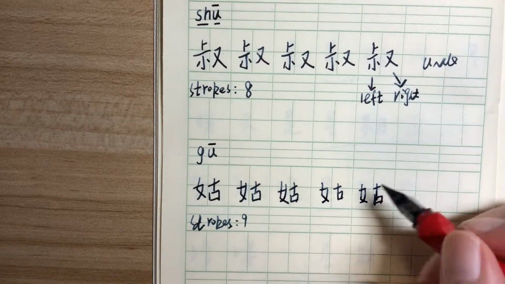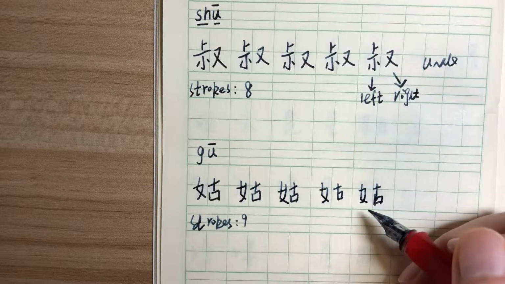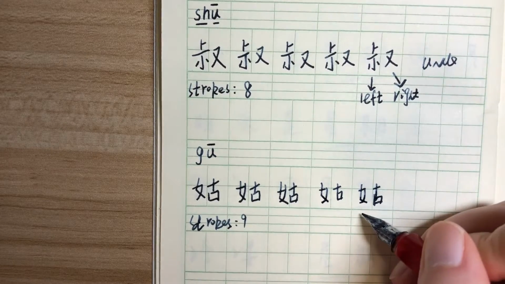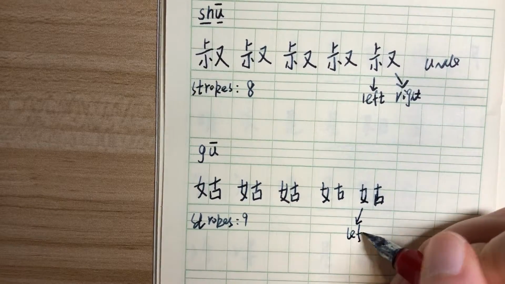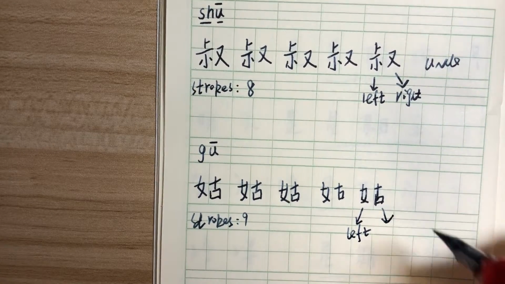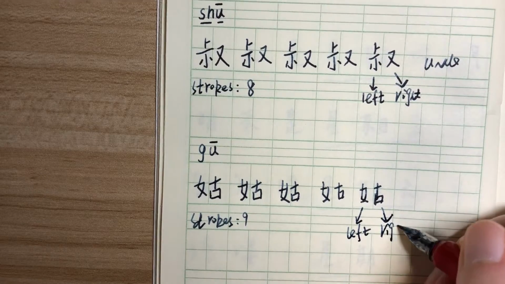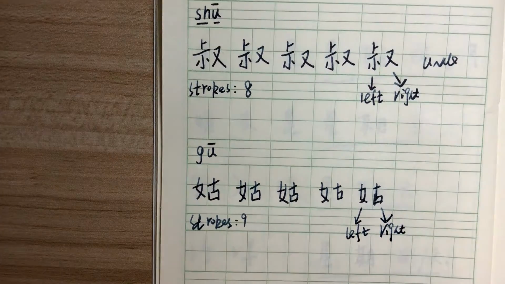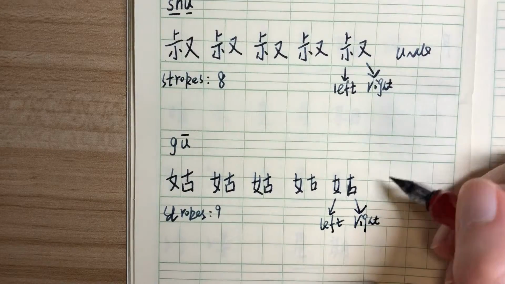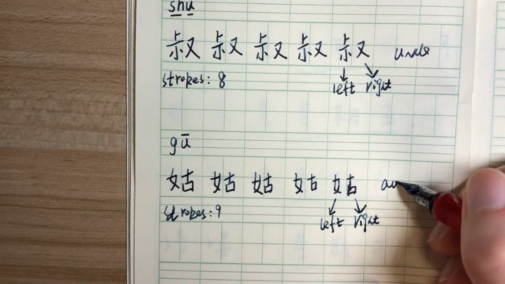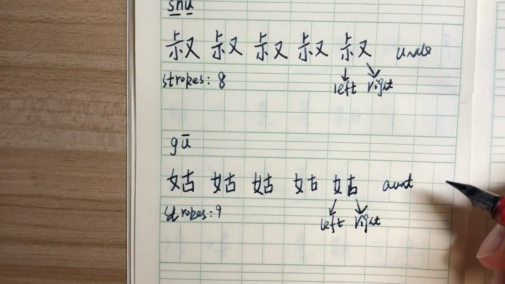And it is also a left-right structure character. This is left part and this is right part. And it means aunt.